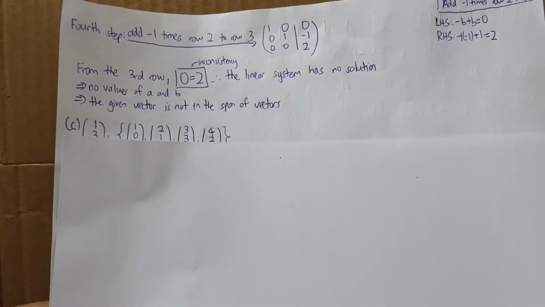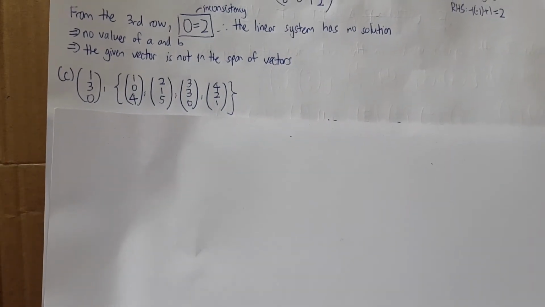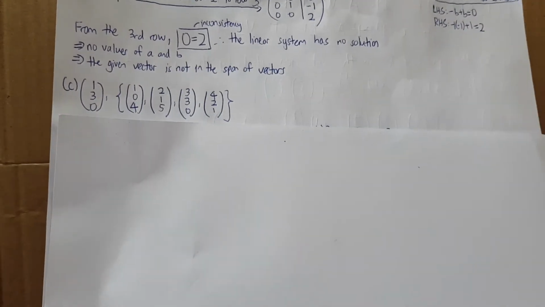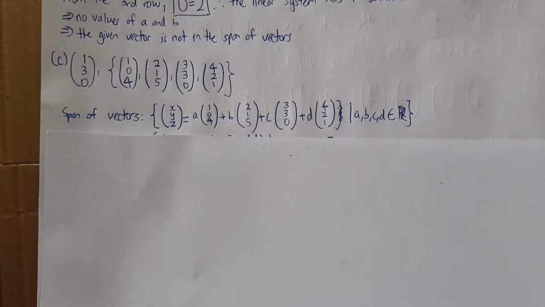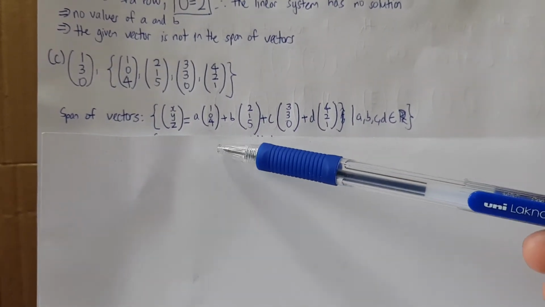Now, let's go through the third example. Again, you're given this vector, and these are the span of vectors. So now we express the span of vectors in this form again, with 4 parameters here.